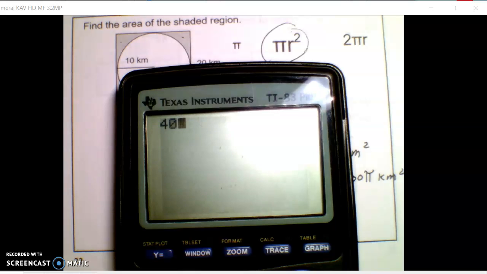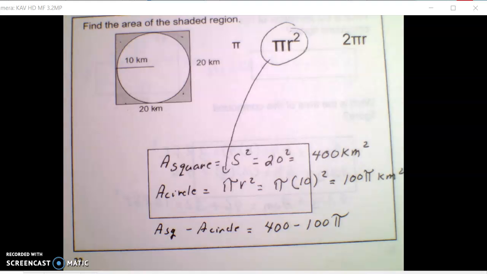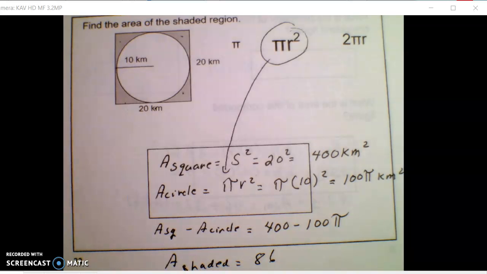I do 400 minus 100, and so that we're all using the same numbers, we're going to do times 3.14. And we get 86. So the area of the shaded region is equal to 86.